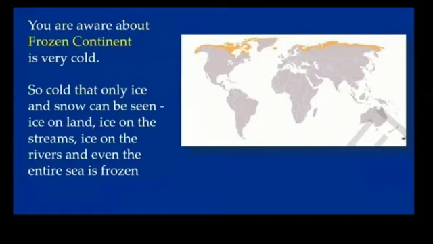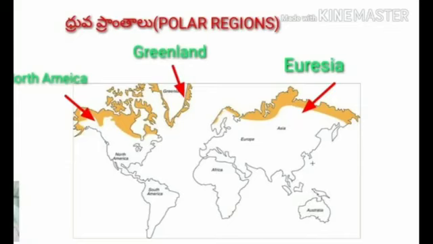You can find ice on the streams and rivers, and even the sea is frozen. So, what are the places near the Arctic region? This region extends over the northern parts of North America, Europe, Asia, and some part of Greenland, and some countries are very near the poles.